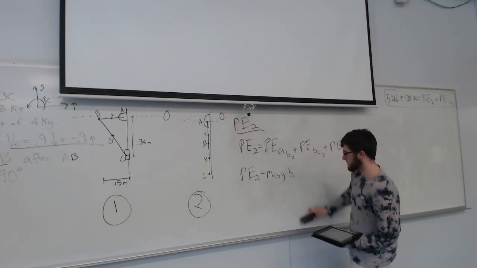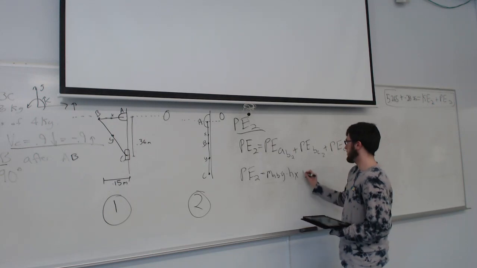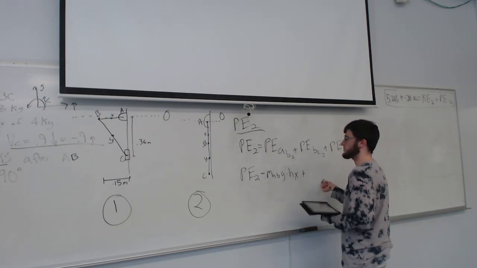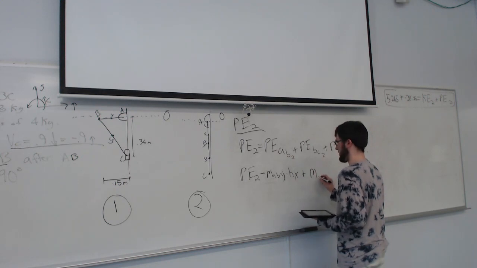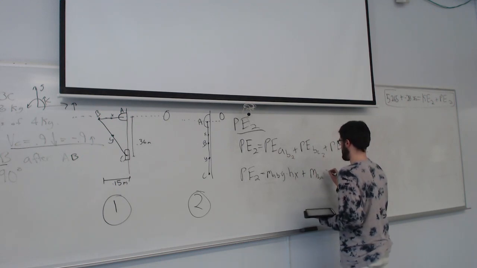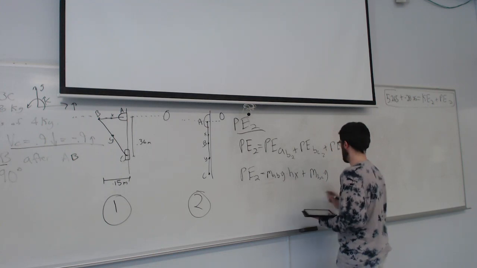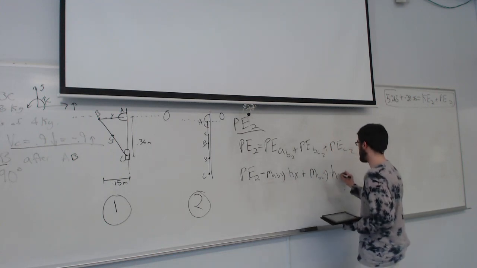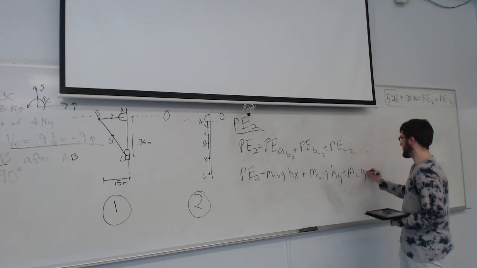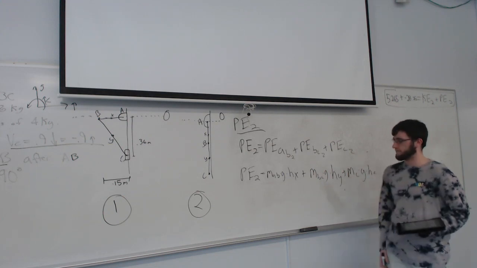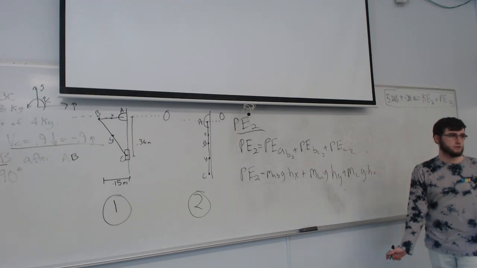So height of point X. Then same thing for BC. So mass of BC times gravity times height of Y plus mass of C times gravity times the height of C. Any questions?